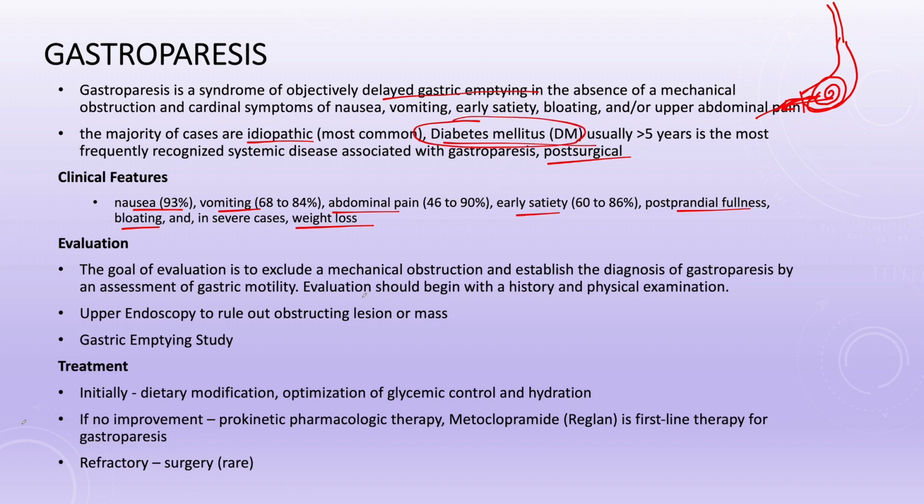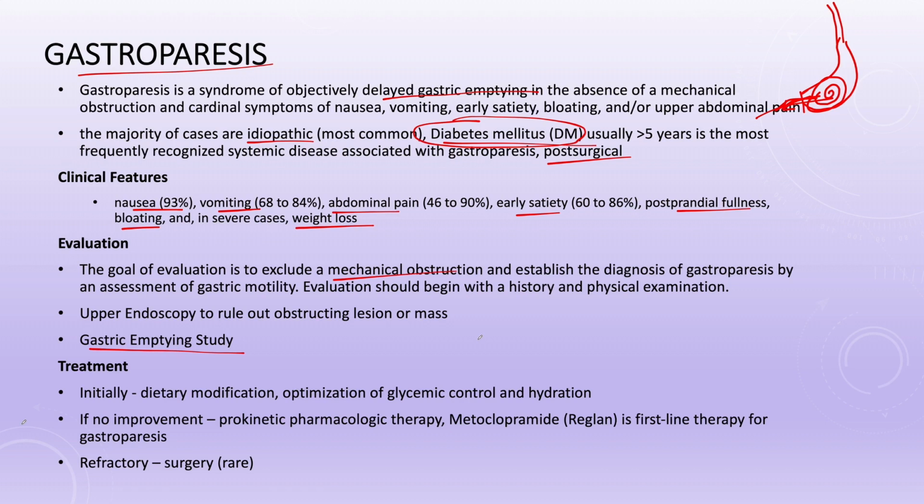Okay? Now, before we can go blaming it on gastroparesis, we have to exclude mechanical obstruction. So we have to go in and look with an endoscopy, and that's going to help us know that we don't have some sort of mass or obstruction that's preventing the food from leaving the stomach. On top of that, we do what's called the gastric emptying study, and we did many of these, or we ordered them.